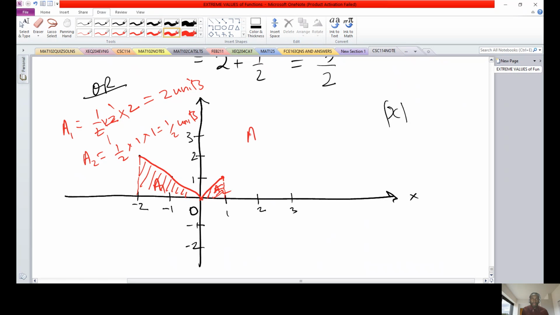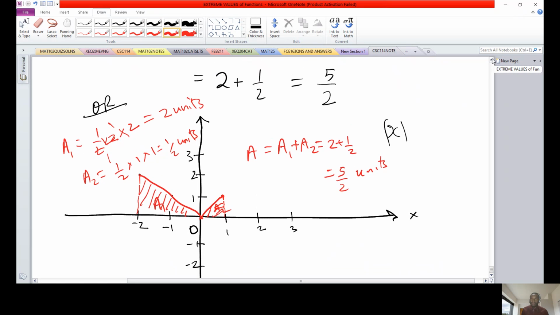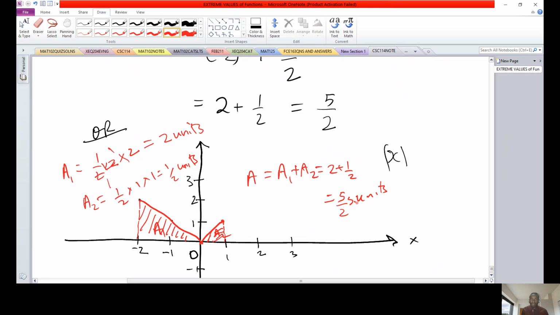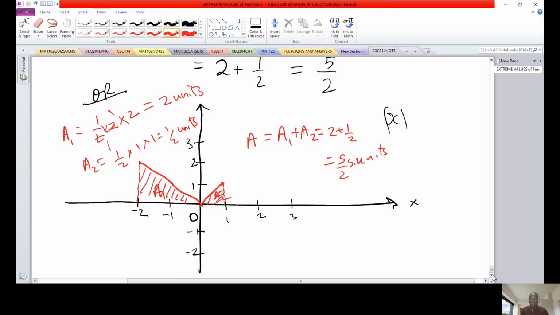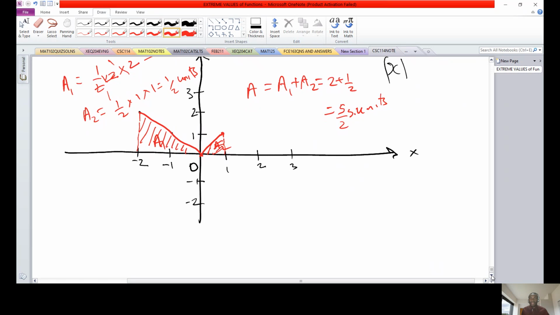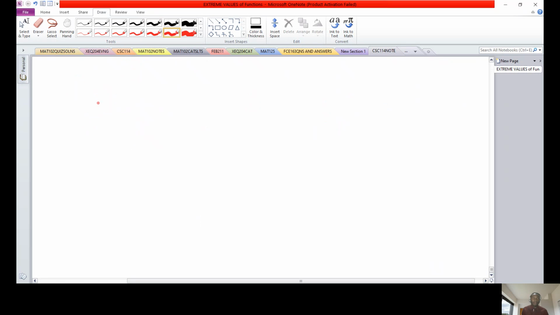The total area will be given by area 1 plus area 2, so it should be 2 plus a half to give us the same answer, 5/2 square units. That's how you can draw the diagram, and from the diagram you find the area under the curve with respect to the x-axis.